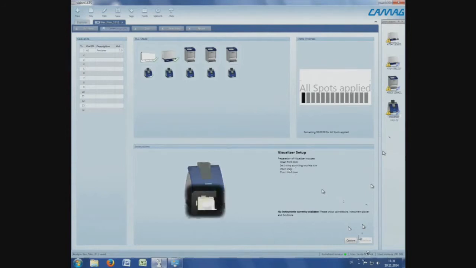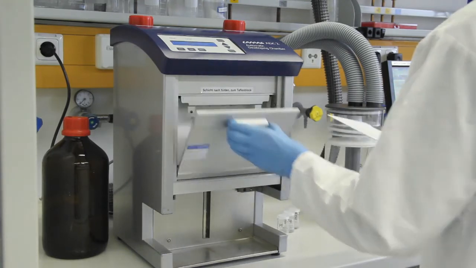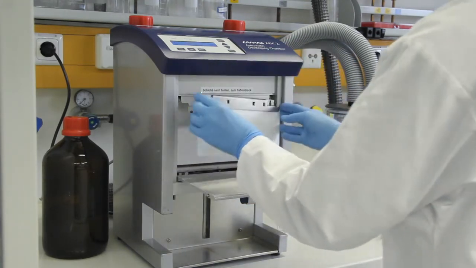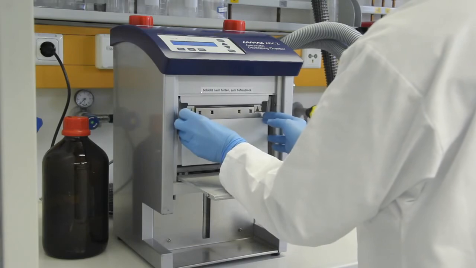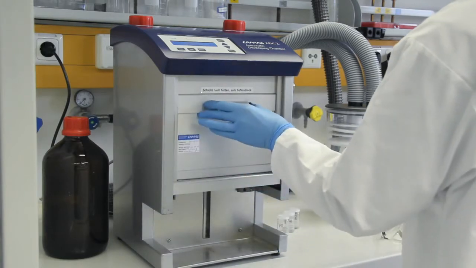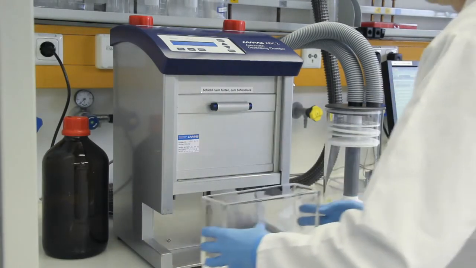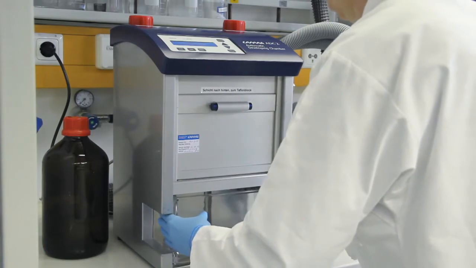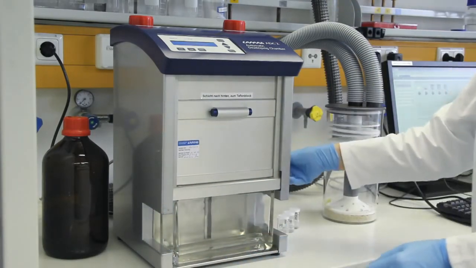Next, 2 focusing steps were performed in the Automatic Development Chamber ADC 2, guided by the software VisionCATS. Focusing was required for front illusion of the analytes. Thereby, the matrix remained distributed over the start zone.